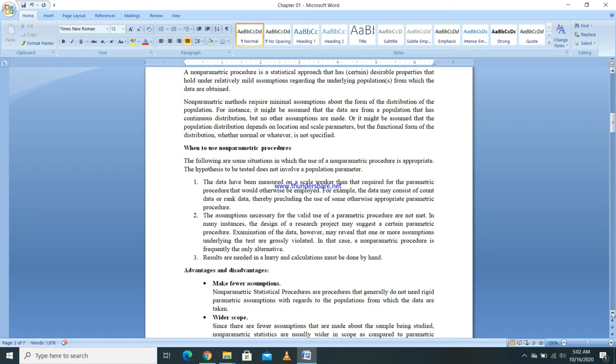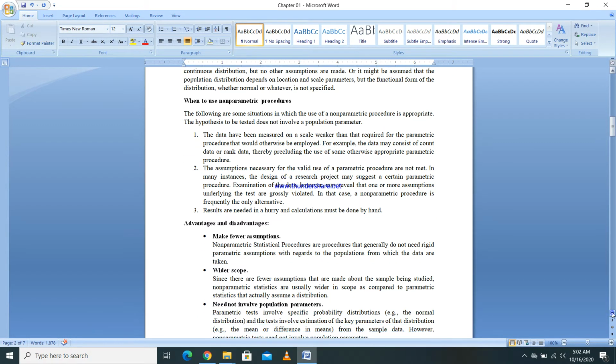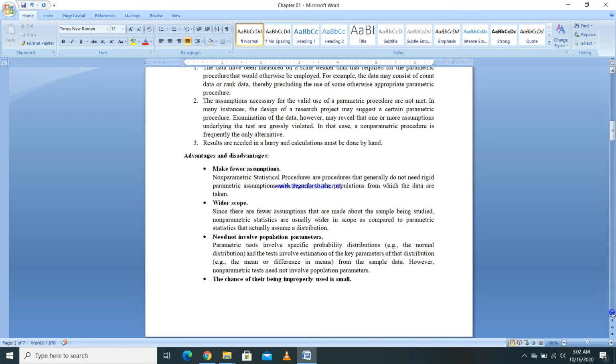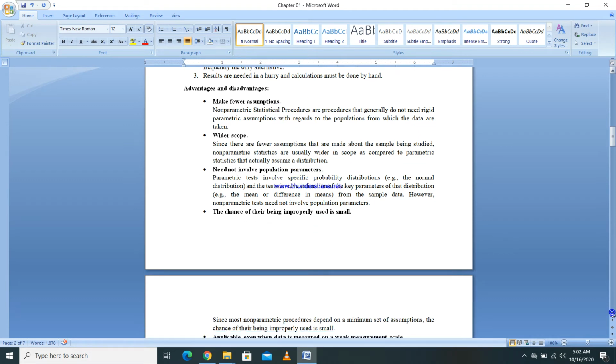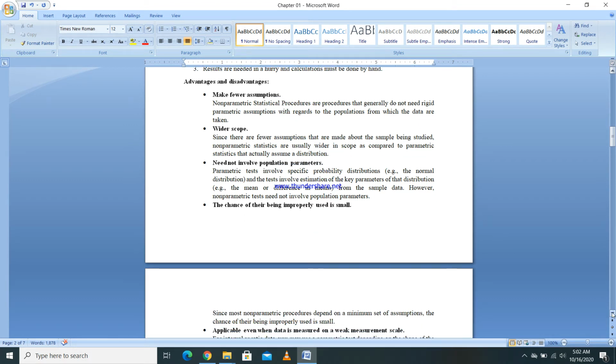As in every case, when it comes to non-parametric procedures, you have pros and cons, right? So I'm going to discuss some of the advantages and disadvantages of the non-parametric methods. One major advantage is that we have very few assumptions. When we are discussing the non-parametric procedures, you will see we have very few assumptions compared to parametric methods.